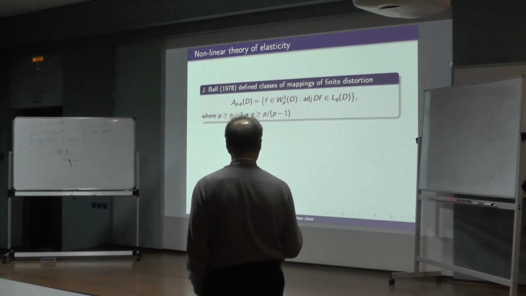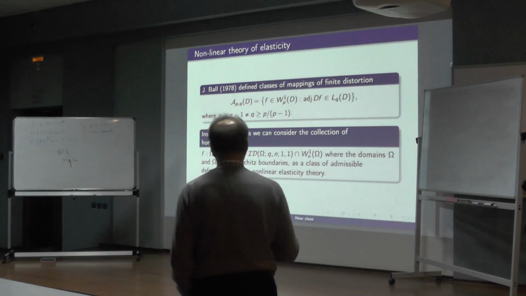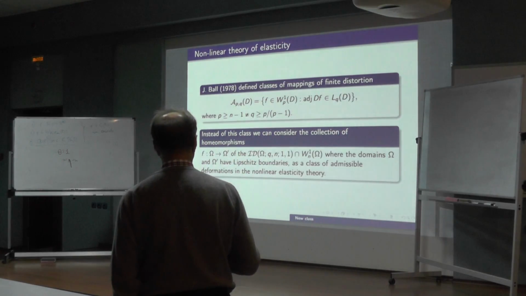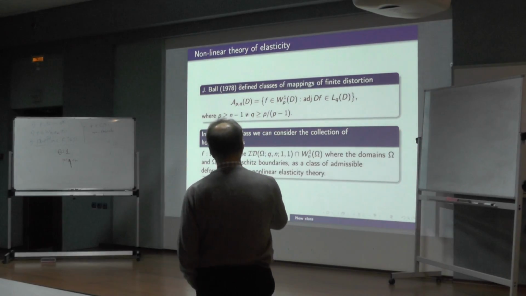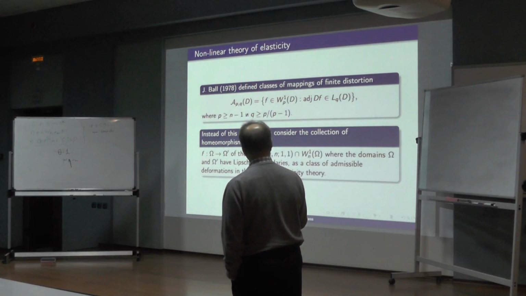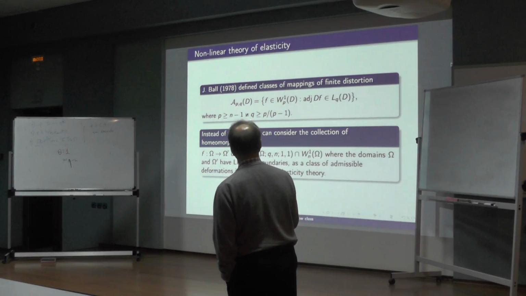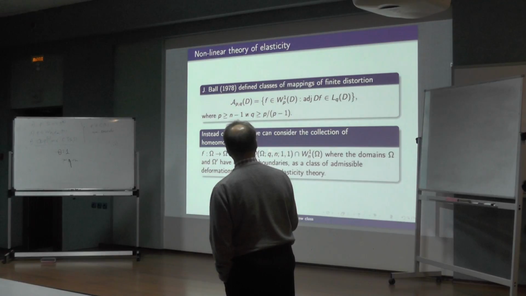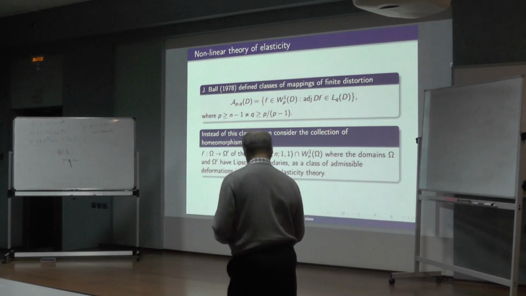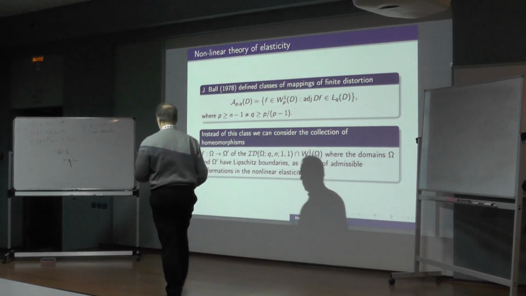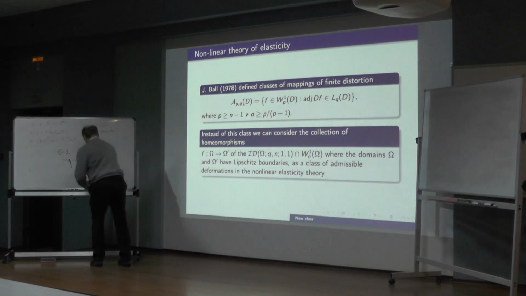And what is interesting is that instead of this class of John, we can consider this class. Look at this, p equal to n. Weighted function r equal to 1, and then q is written here, q more or equal than n minus 1.